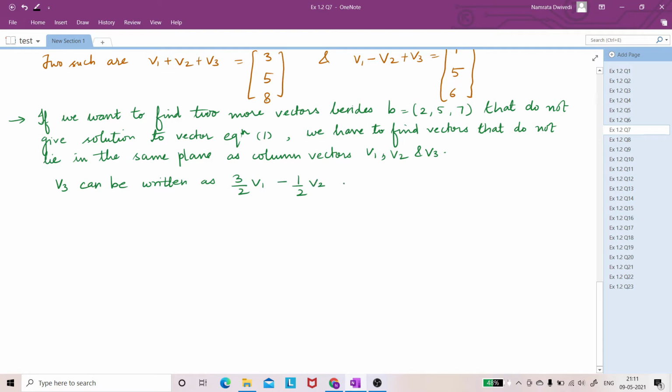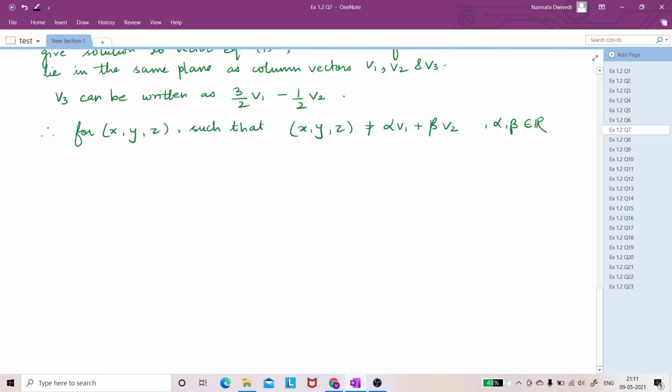Therefore, for x, y, z such that (x, y, z) is not equal to alpha v1 plus beta v2, where alpha, beta belong to R, this is also not equal to alpha plus beta, then 2 alpha, then 3 alpha plus beta.